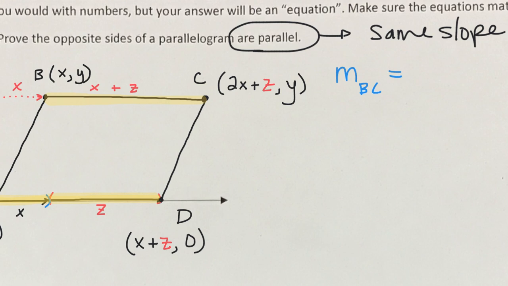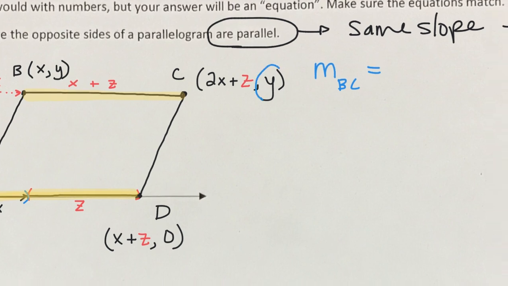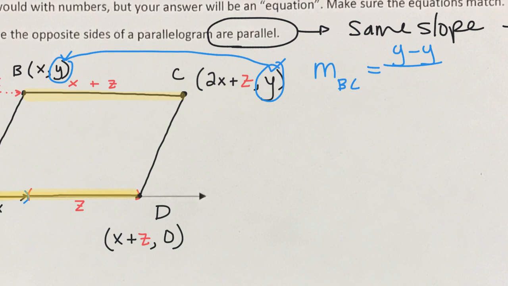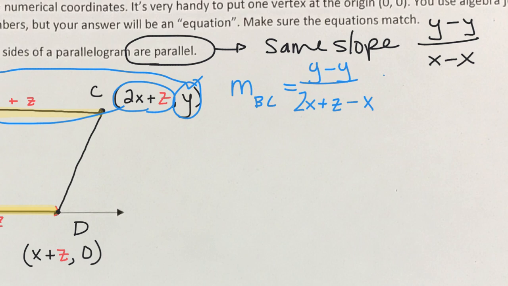So let's see. If we're going to use our slope, that's y minus y. So y2 minus y1: the y-coordinate at point C minus the y-coordinate at point B, over the x-coordinate at point C minus the x-coordinate at point B. So 2x plus z, that's the x-coordinate at C, minus x, that's the x-coordinate at point B. Okay, so when we simplify, what do we get in the numerator?